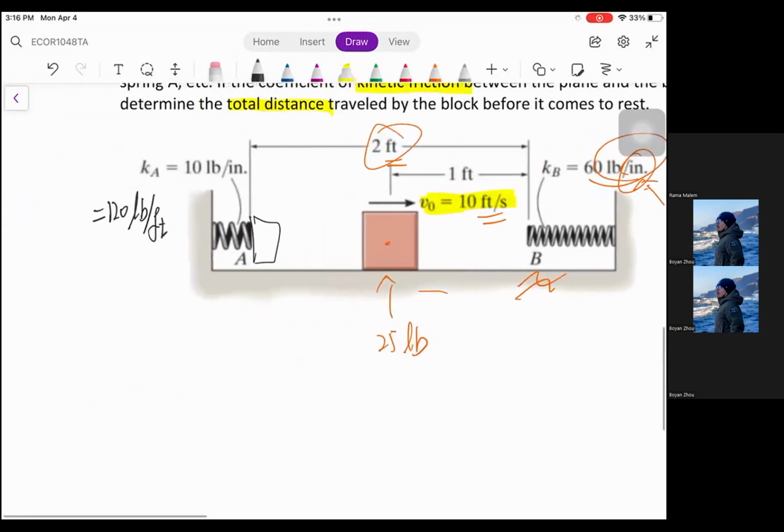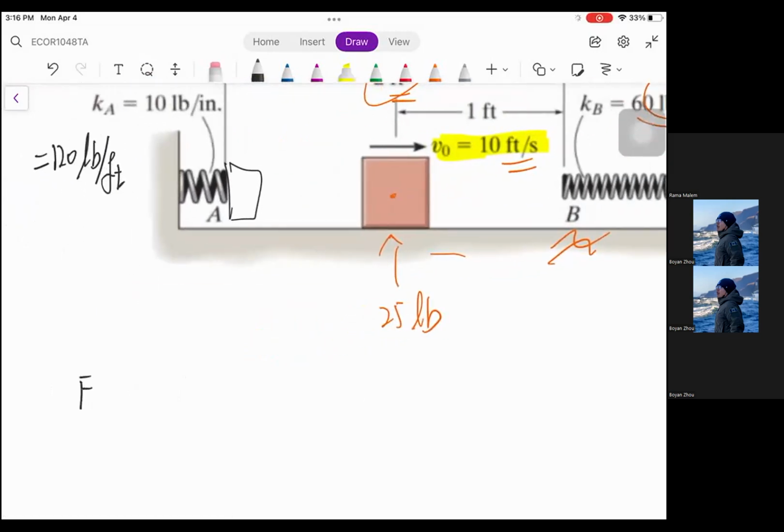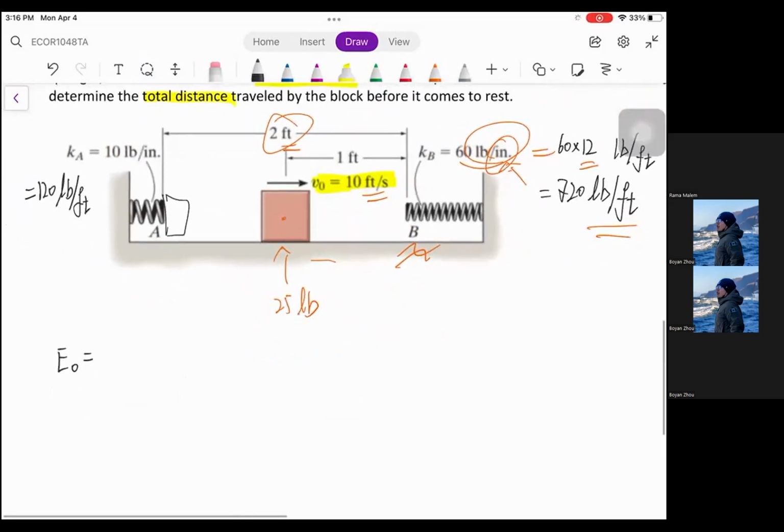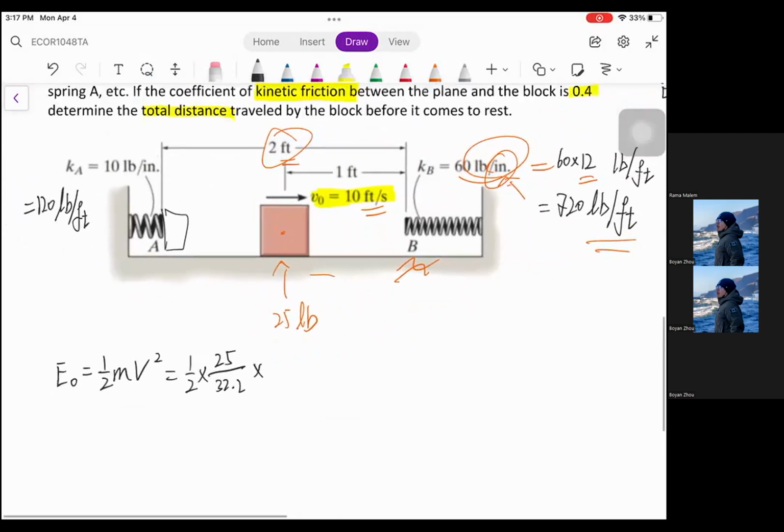Oh yeah, for the first one, we want to know the energy at the original point. That is just the kinetic energy, half mv squared. That is equal to half times 25 over 32.2 times the velocity, which is 10, to the power of 2.